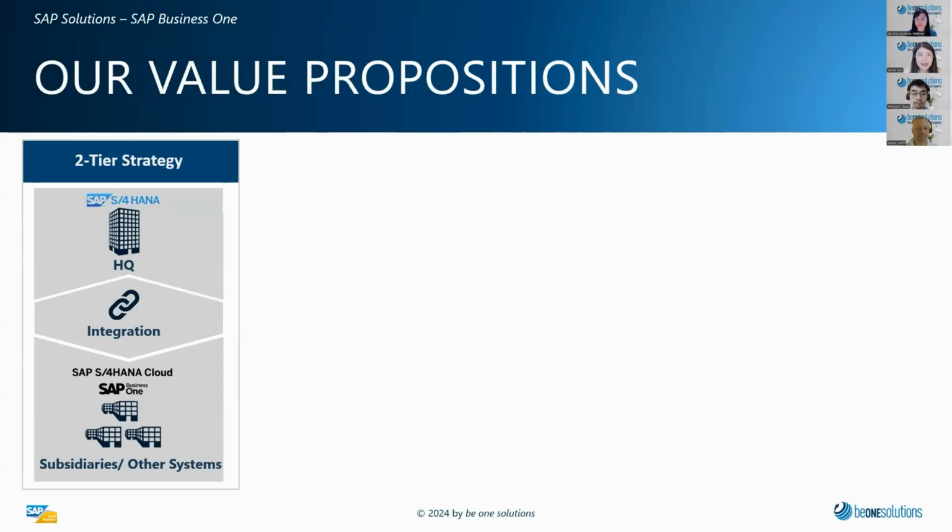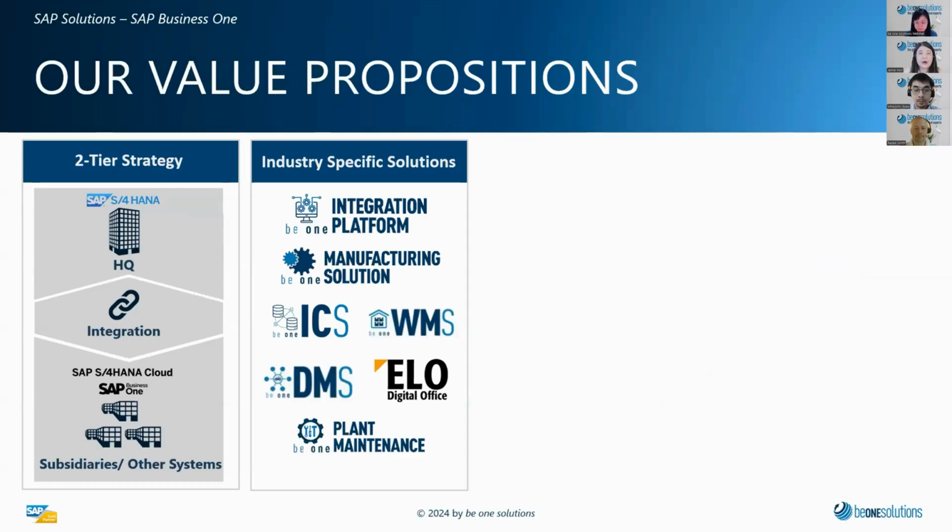And this is our value proposition. We deliver a two-tier strategy that integrates SAP S/4HANA at the HQ level with SAP Business One for subsidiaries. This is to ensure seamless connectivity and scalability for global operations.